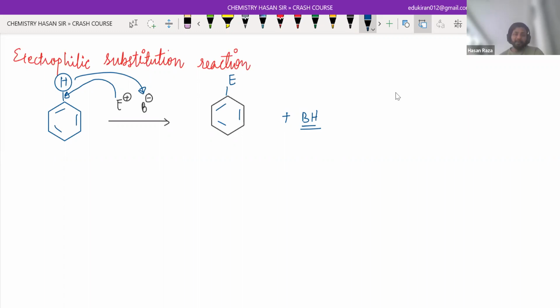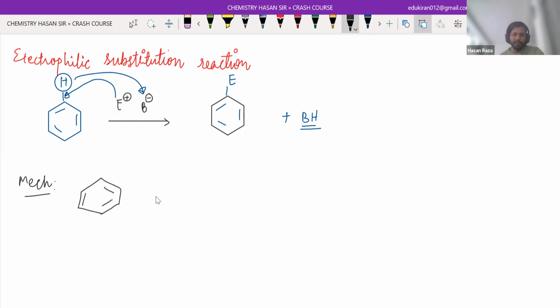We can see the mechanism, how this reaction takes place. You can see this is your benzene ring. I'm going to write it like this.